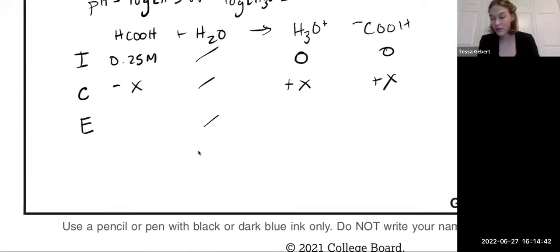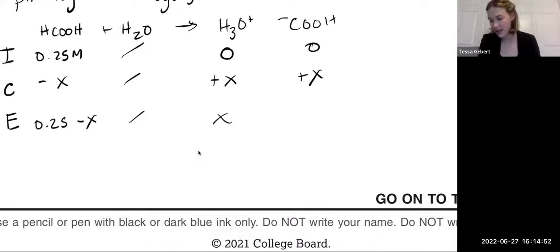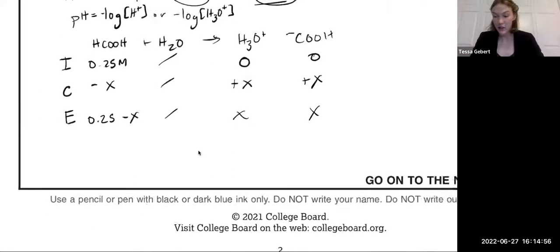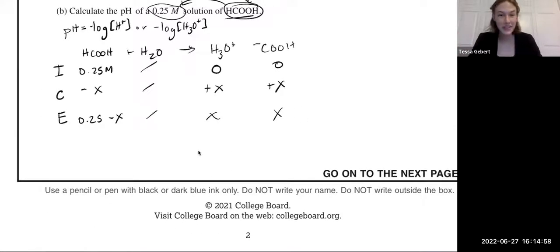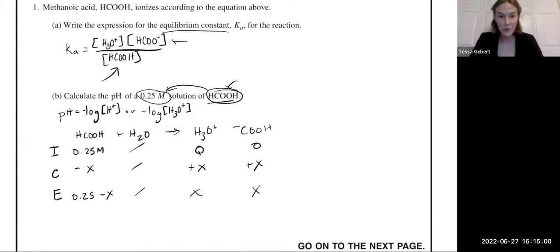So now equilibrium, you're just going to pretty much add up these columns, the I and the C. So we have 0.25 minus X, and we have X and X, because X plus 0 is still just X. So this might look like a whole bunch of nothing to you, but ultimately this tells us what we need to plug into this equation here.